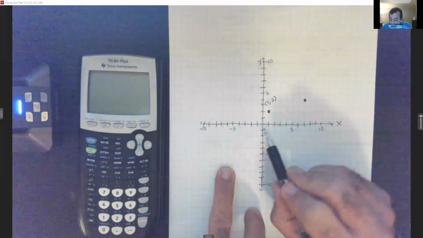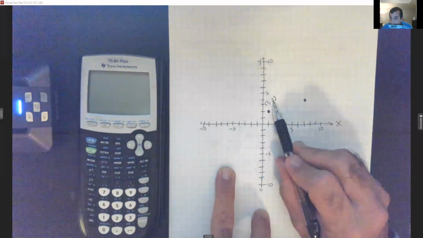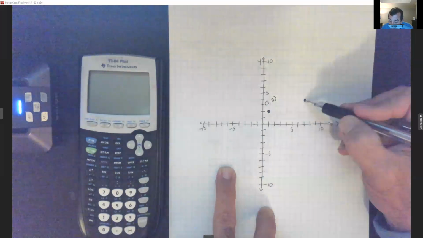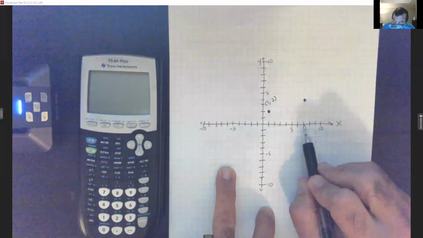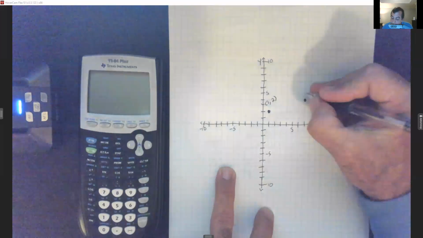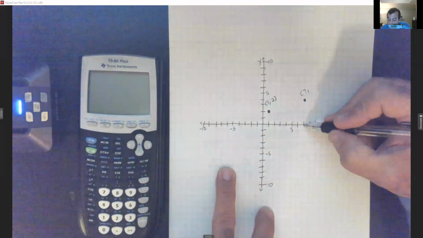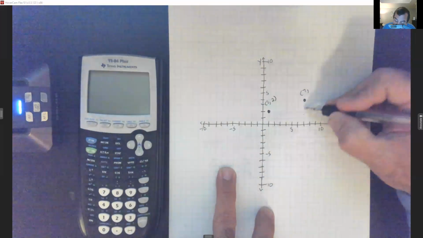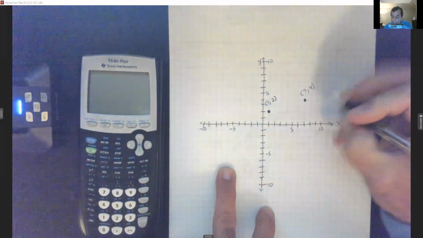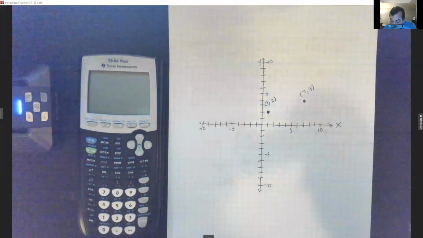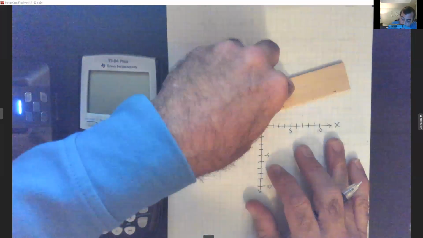So notice I went right 1, which is the x value, and up 2, which was the y value. This point over here, we're at 5, 6, 7. So we went over 7. So the x values are 7 on that one. And then we went up 1, 2, 3, 4. So we went up 4. So that point would be 7, 4. So my line is just going to go through them points.